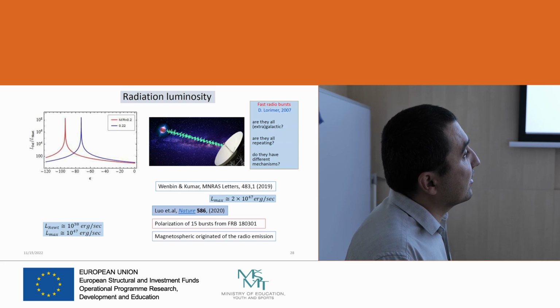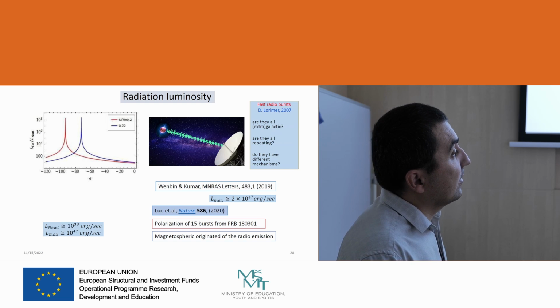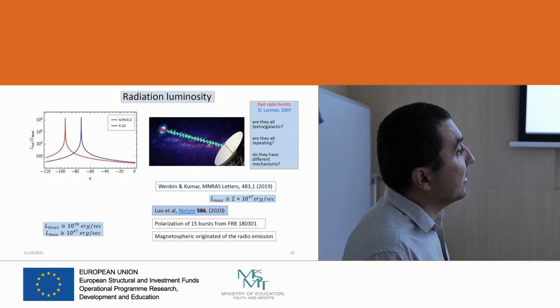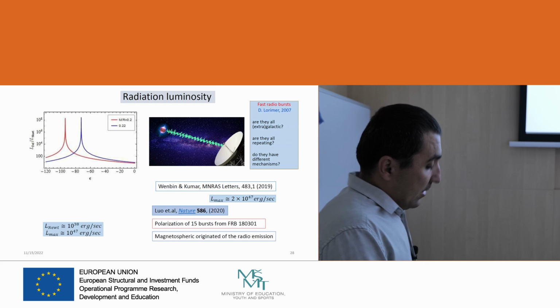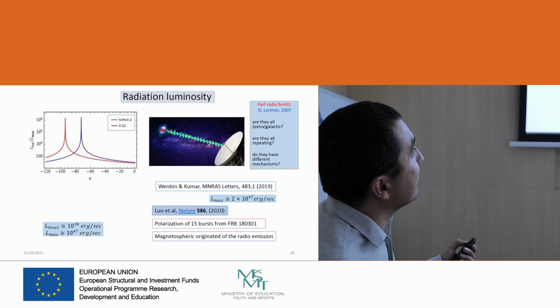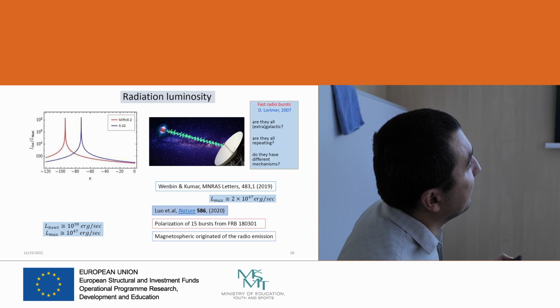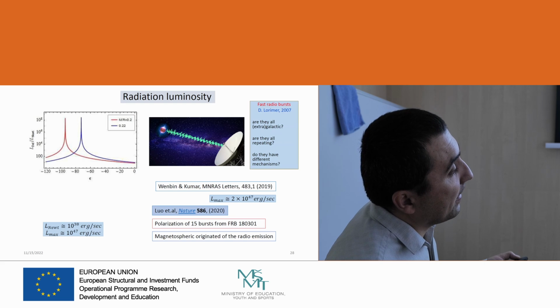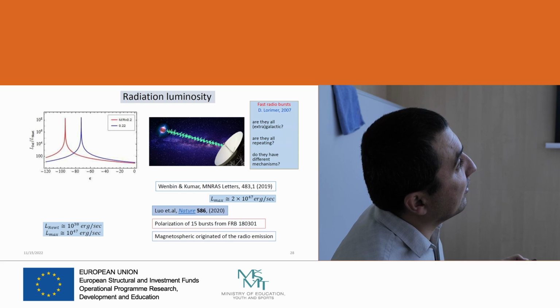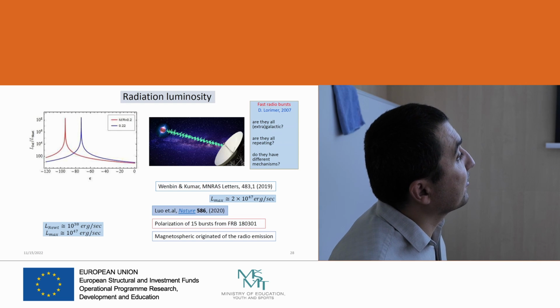They show that this FRB originated from a magnetar, from the magnetosphere, as radio emission. And here we also suggested that if this epsilon is time dependent, we can also explain these FRBs using the energetic properties of the neutron stars.